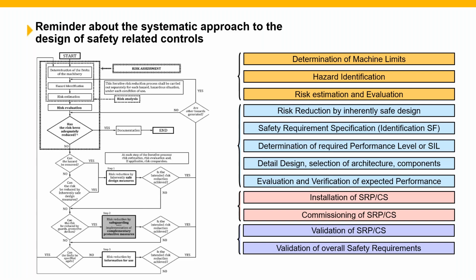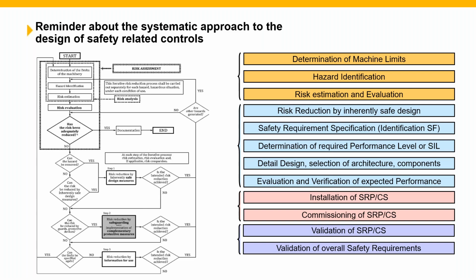So before you get into the design, will what you propose to design meet the performance level? Then you'll go through your installation and commissioning of your safety related control system, and then we'll come to the validation, what you need to do, and that's the parts of section 10. We won't go into massive detail on that because it's a big topic all in itself.